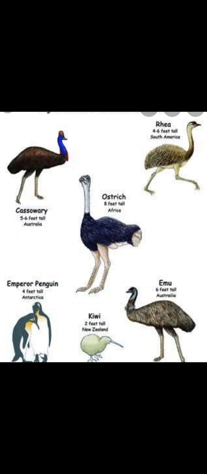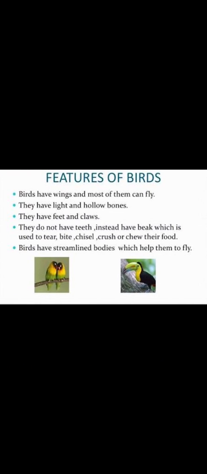So learner, this is all for today, and let's have a recap of what we have learned in this video. We have learned about the features of birds: birds have wings and most of them can fly. They have light and hollow bones.